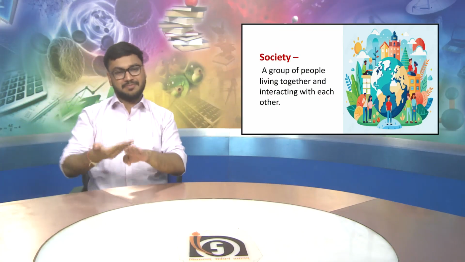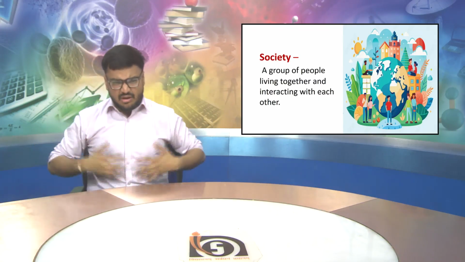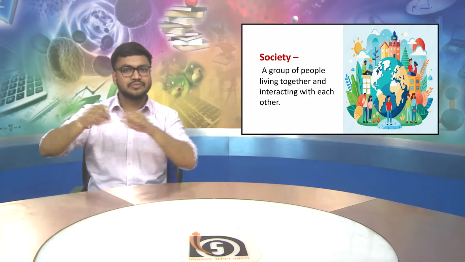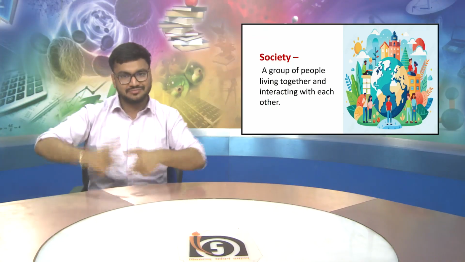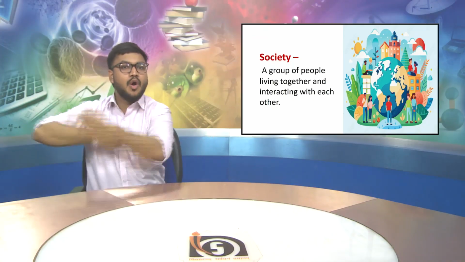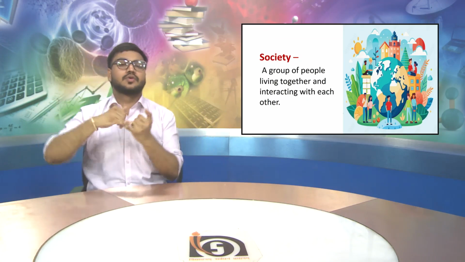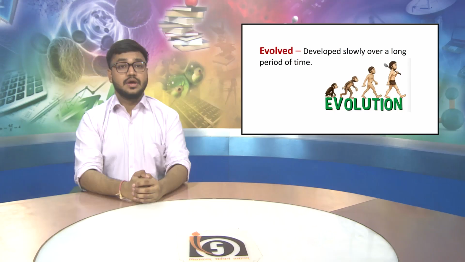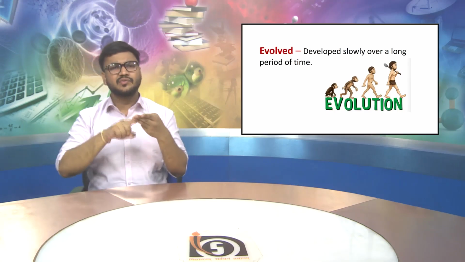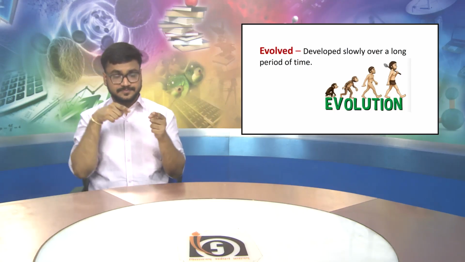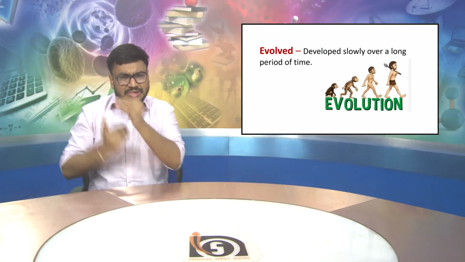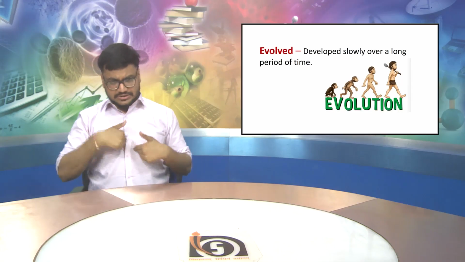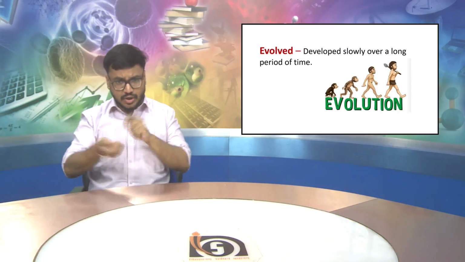Next is society. Society is a group of people living together and interacting with each other. Next is evolve. It means developed slowly over a long period of time.